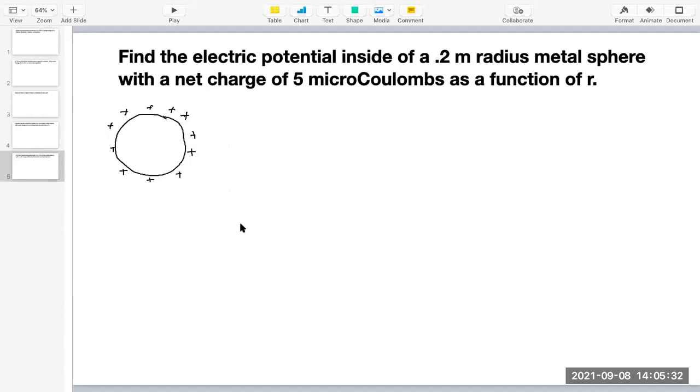So starting off, what would the electric field look like on the inside? What would it look like on the outside? This one's weird. I'll let you think it over a little bit.